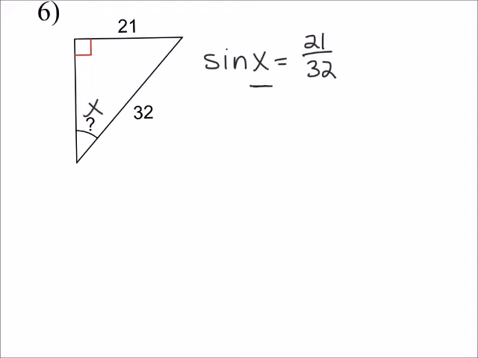So in order to get the value of x, we have to take the inverse sine of 21 divided by 32, and that will give us the value of x. When we calculate that out, the inverse sine of 21 over 32 equals 41 degrees. So x equals 41 degrees in this problem.